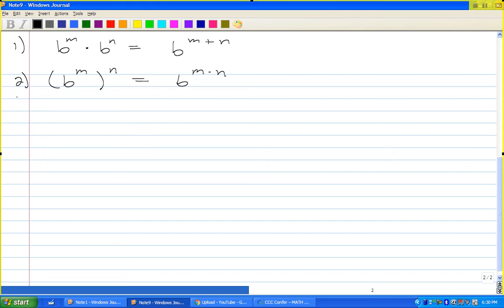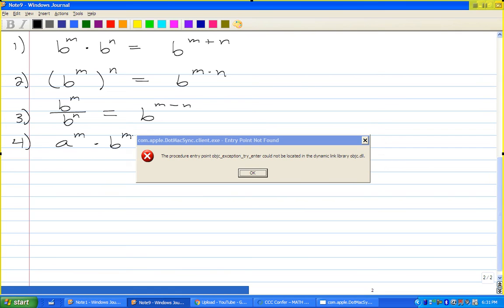Next, suppose I have some base b to the power m divided by b to the power n. Then this is just the same base b, but you subtract exponents, m minus n. Next, suppose I have two bases, a to the m times b to the m.